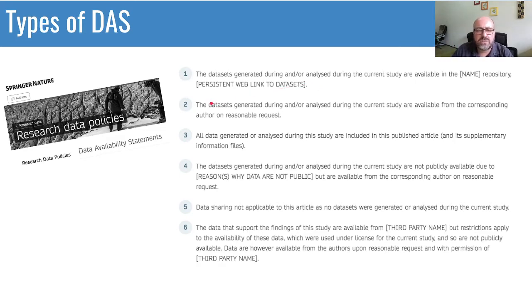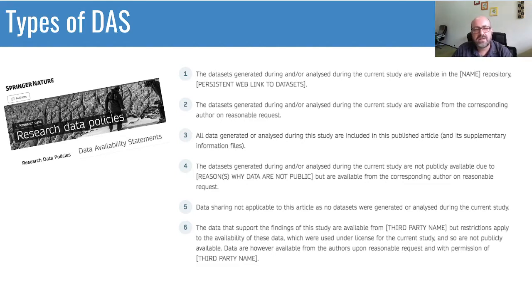Number 2: the data sets generated during or analyzed during the current study are available from the corresponding author on reasonable request. That's something intriguing. That's under policy number 3, which encourages the writing of the statement, but it's not mandatory for the authors to share the data.